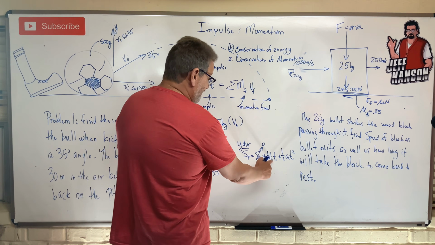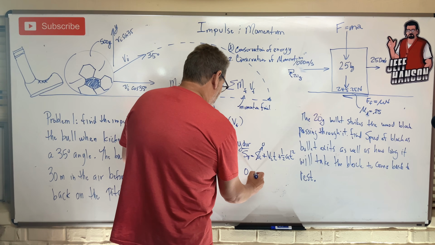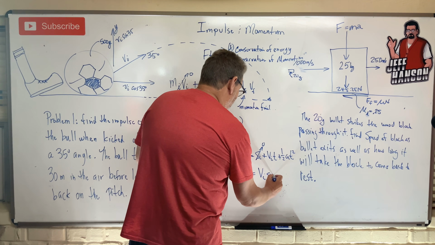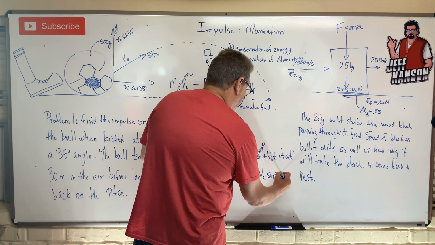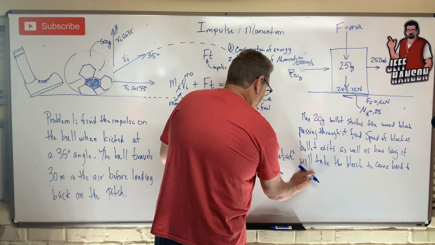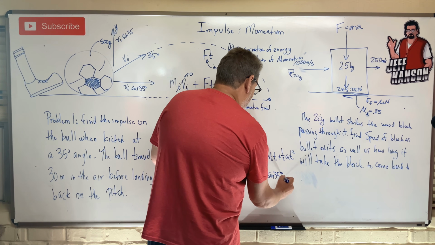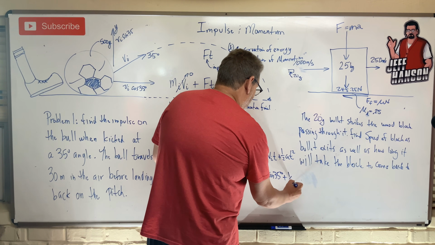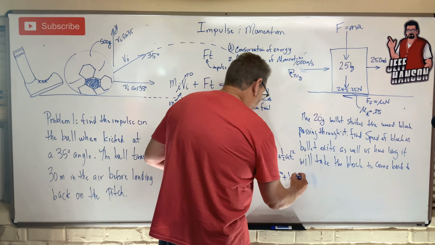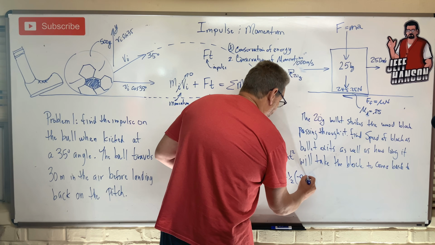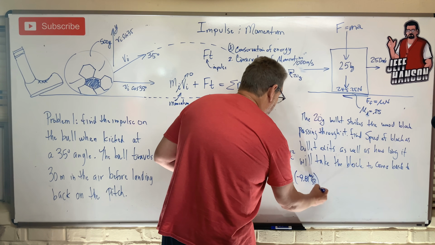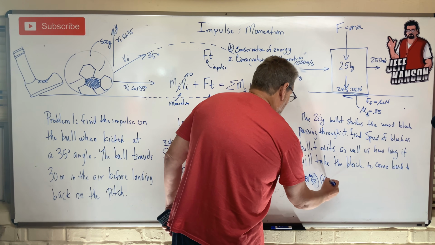And we've got this guy, which is V sub I sine of 35 degrees times t, plus 1/2 a, well, a is negative 9.81 meters per second squared times t squared, okay?